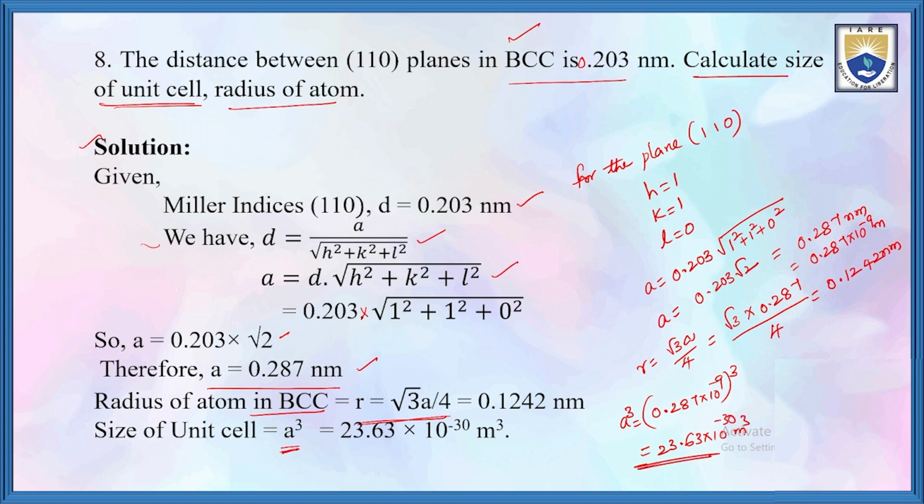This is the size of the unit cell, and we got the radius of the atom in BCC, r, equal to 0.1242 nanometers.